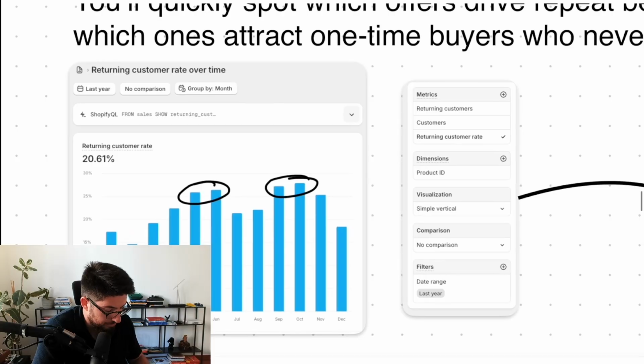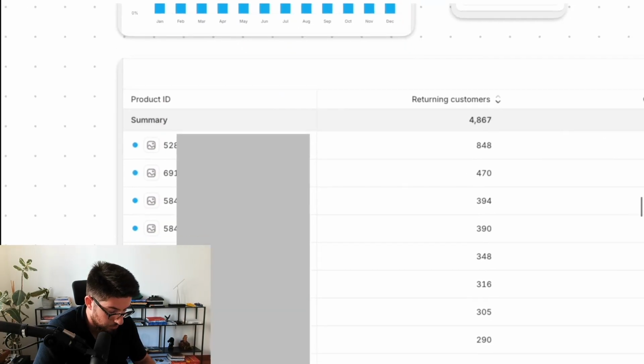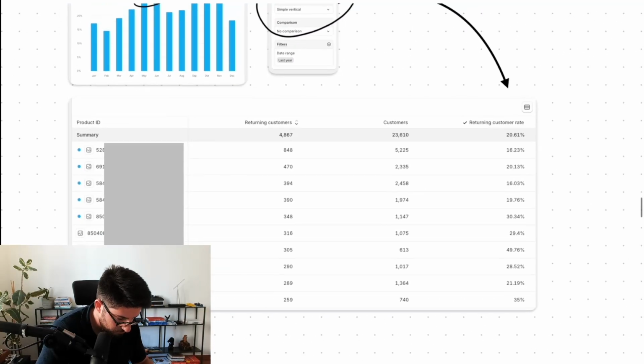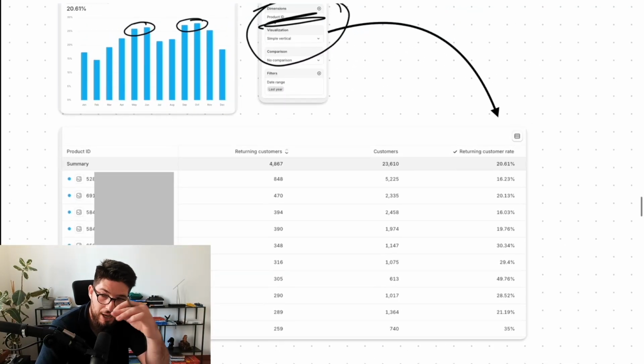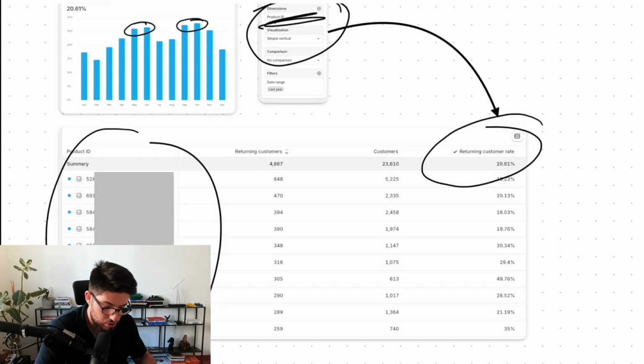Anyways, on Shopify, on this thing right here in dimensions, you can customize the table below. So in the table below, what I see here, I did by product ID. So if you do dimensions by product ID, it will basically tell you the metric, returning customer rate per product. So it's like which product is generating more repeat customers.